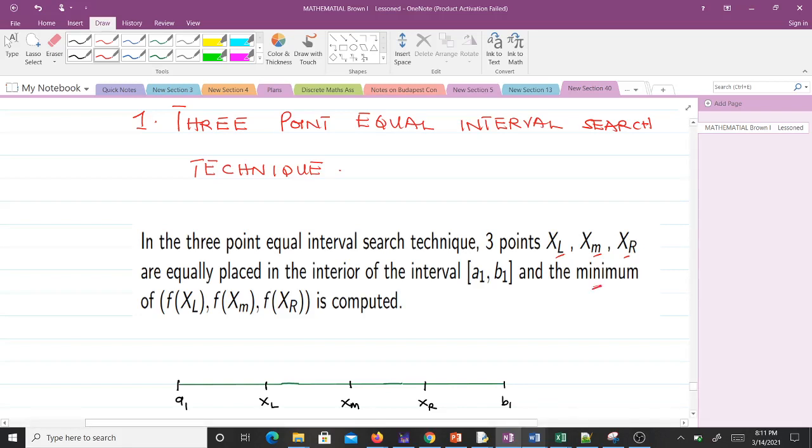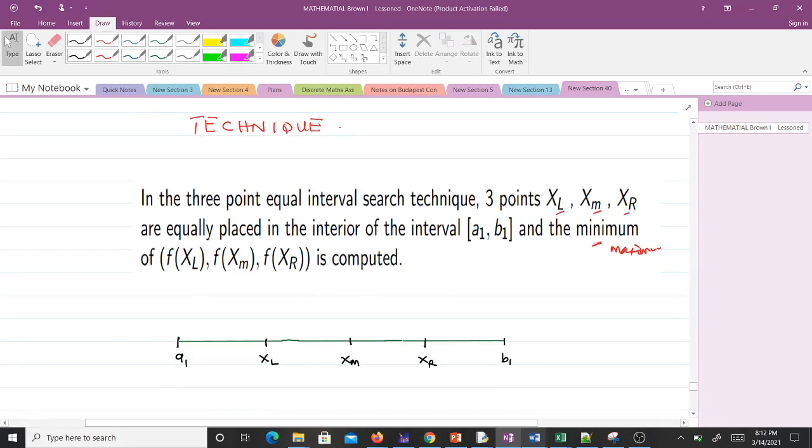If you are asked to maximize, then the maximum. In a general algorithm, we are going to use minimum, but if the question tells you to maximize, then it will be maximum. So the minimum of f(XL), f(XM), and f(XR) is computed.